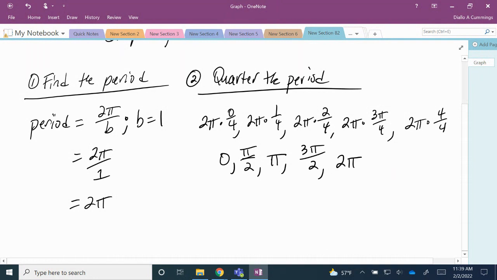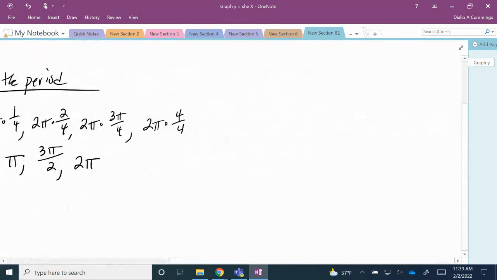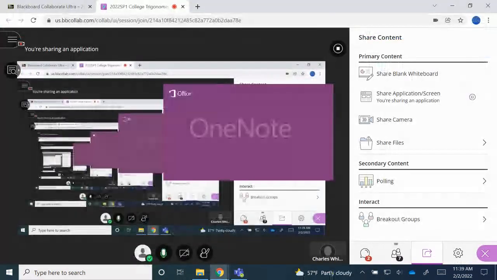Now we're going to graph. When we graph, and this kind of goes back to algebra, you can graph basically any function by using an x and y chart.